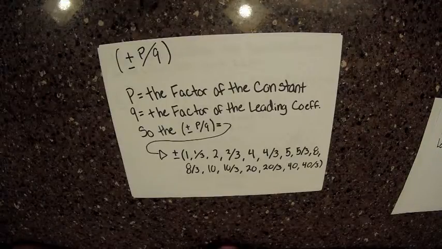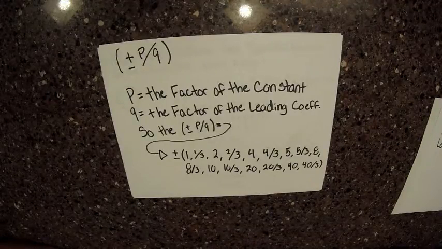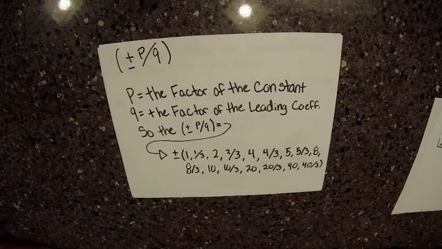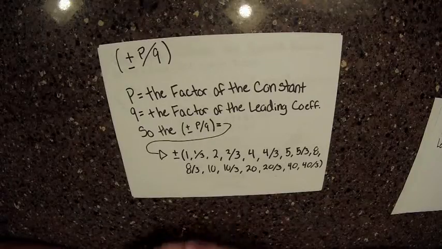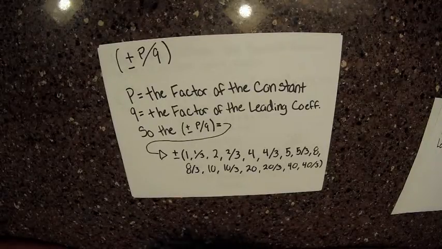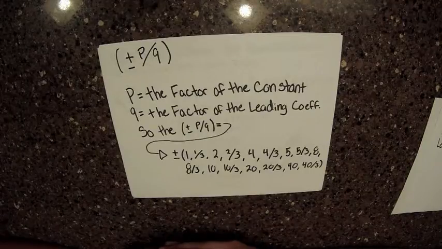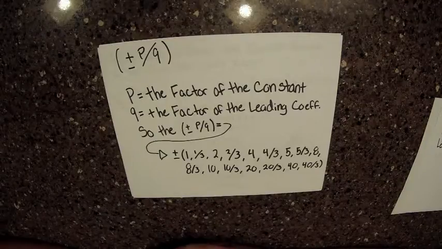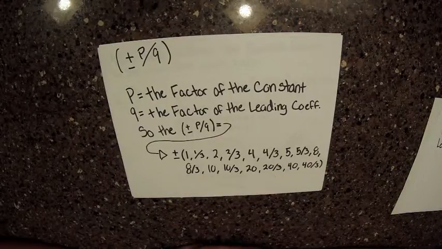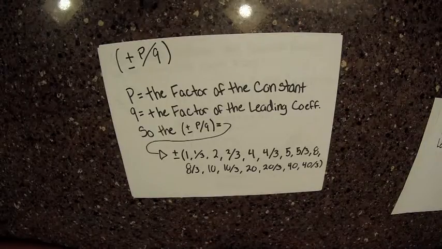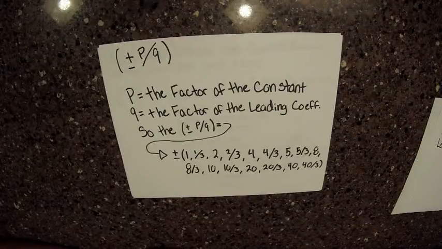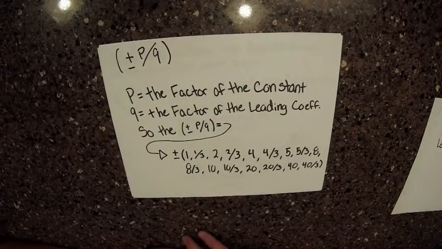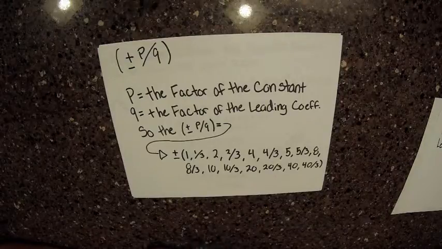So for example, when you put this into plus or minus p over q, you get plus or minus 1, plus or minus 1/3, plus or minus 2, plus or minus 2/3, plus or minus 4, plus or minus 4/3, and so on. What's happening here is that you're taking all of the factors of 40 and dividing them by all of the factors of 3.